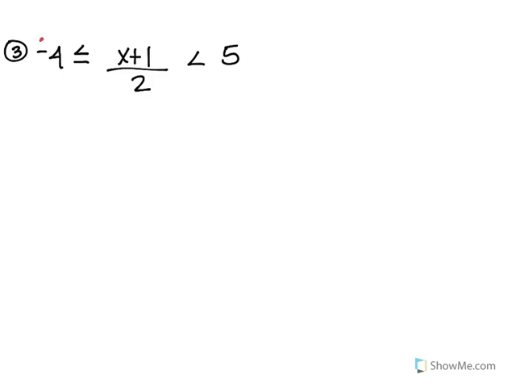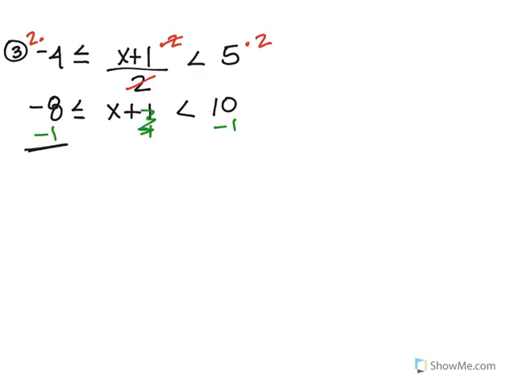Got a fraction, ain't got but one denominator, so you're going to multiply by 2. Awesome. So that's going to give us -8 less than or equal to x plus 1, which is less than 10. And then what do we do? Very good. Subtract 1. Make sure you do it to both sides. So that's going to give -9 less than or equal to x, which is less than 9.